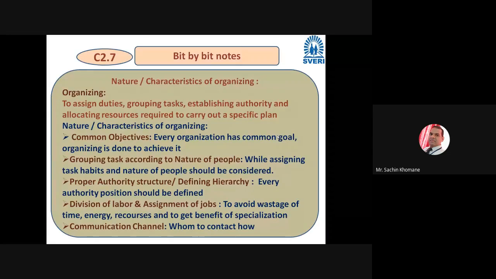If you need a design person, you should not give it to someone who is an expert in production. That is wrong grouping of tasks, right? So while grouping the task, you have to give that particular task to the particular person who is expert in that. You have to understand the habit and nature of that particular person, right? So you have to understand who the person is, whom you are allocating while grouping. That you have to understand.